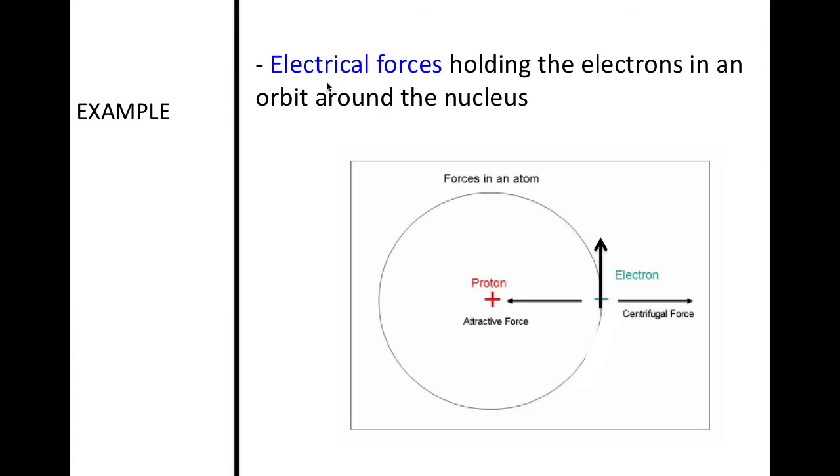Another example is electrical forces, and this is seen with the electron orbiting around the nucleus. And electrical forces are pulling on the electron, which is keeping the electron orbiting around the central portion of the atom.